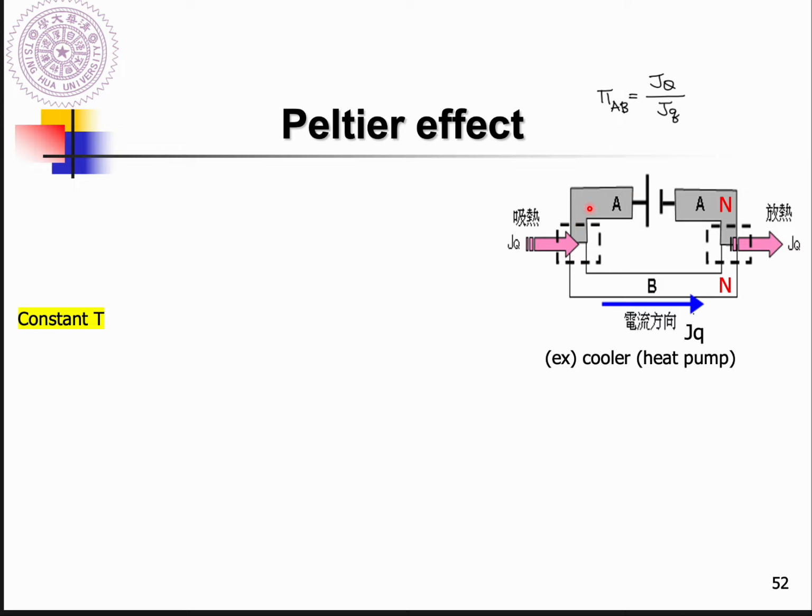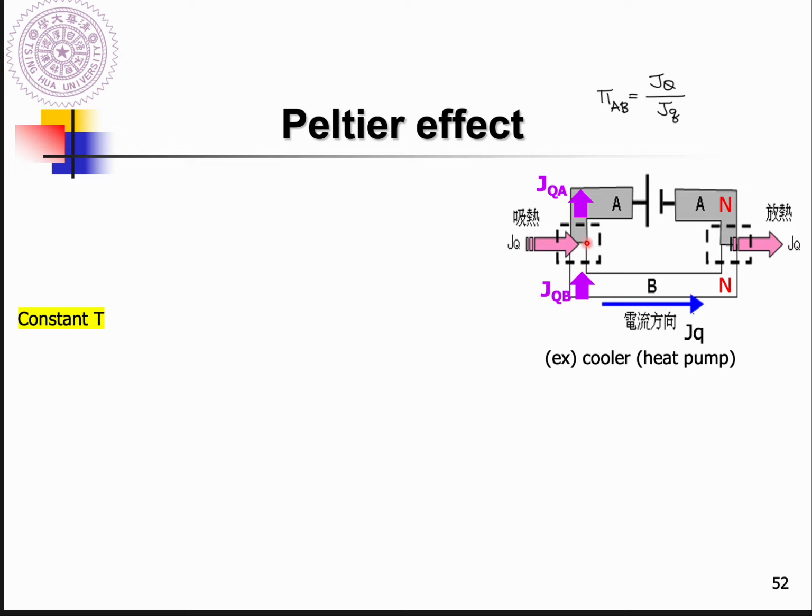So in the N-type material A, the electrons are moving upward, in the opposite direction to the electrical current. So the J_QA will be like this way. And when we discuss the B material, if it is also an N-type material, then the heat flux J_QB is definitely upward.